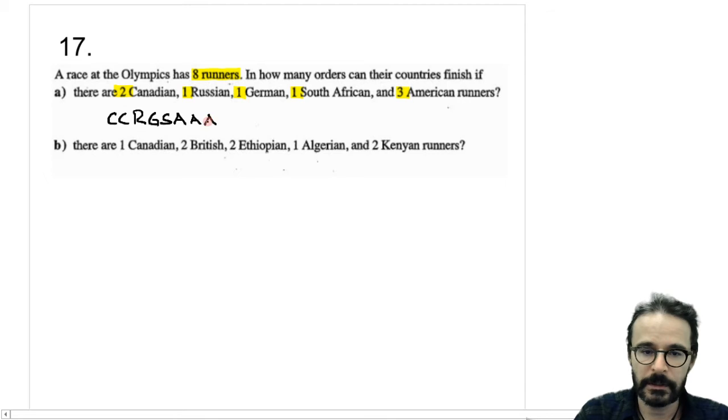So we have these 8 letters, and the question here is, in how many orders can we arrange these letters? First of all, in this case order matters, which means it's a permutation problem.